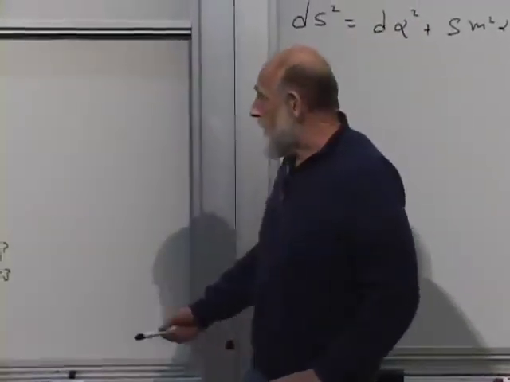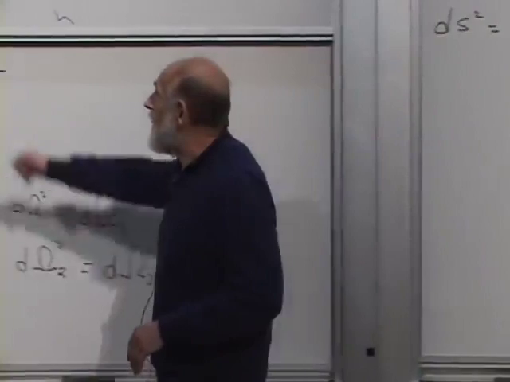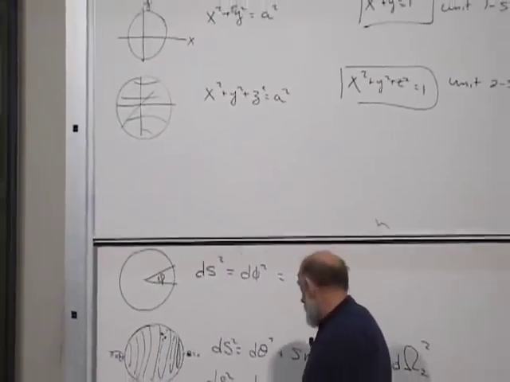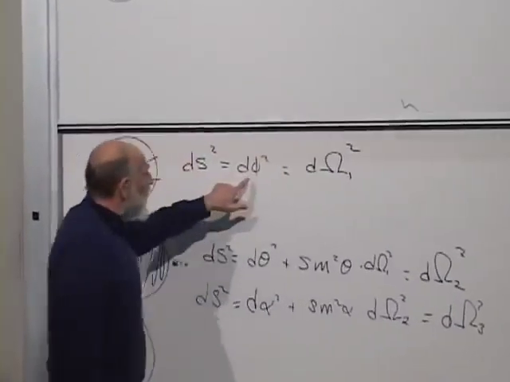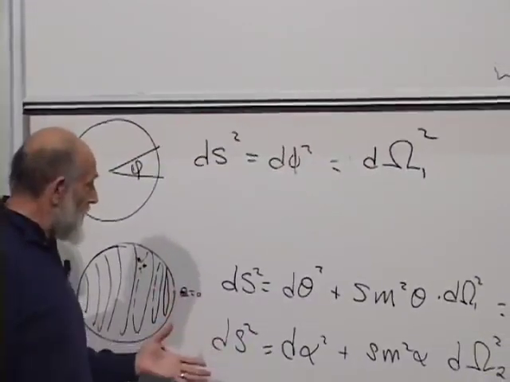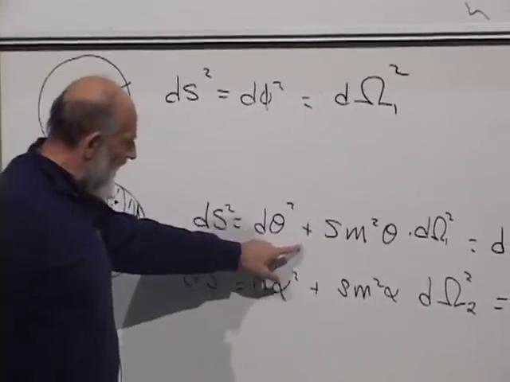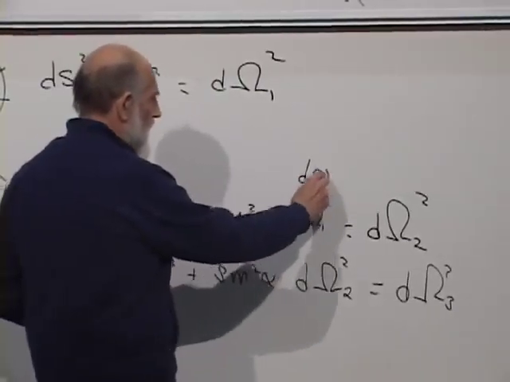Once you think of it this way, you can forget the crutch of how it's embedded in the higher dimensional space. Notice that the one sphere is described by one variable, one coordinate, phi. You don't need x and y. The 2 sphere is described by 2 coordinates, theta and phi. Well, okay, this is d phi squared.